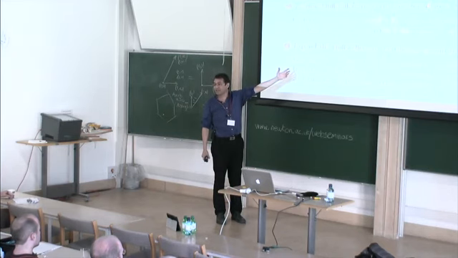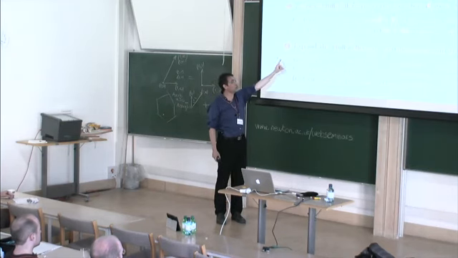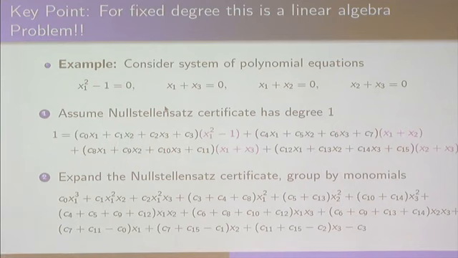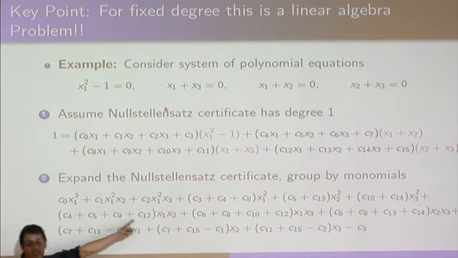So how can that possibly be? Well, it's only true if coefficient by coefficient they are equal, right? Two polynomials are equal if and only if they have the same coefficients. So that means, for example, that the coefficient of x1 squared is 0, which means that this equation is 0.